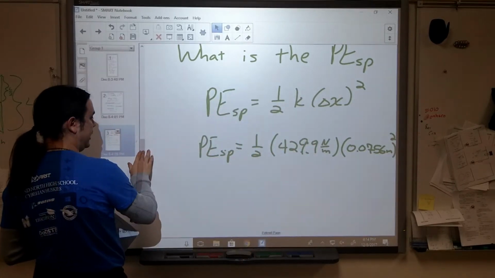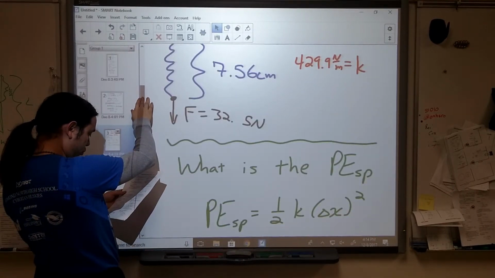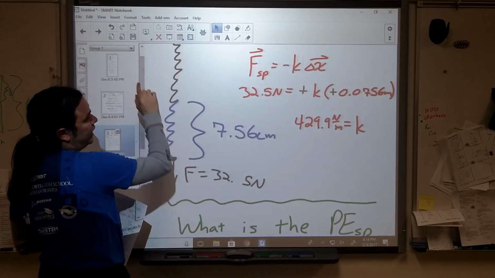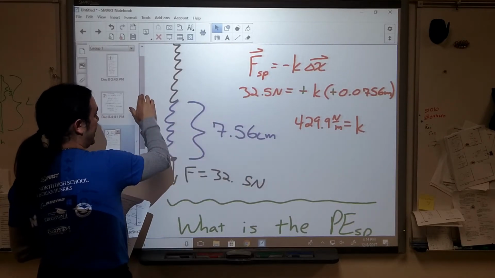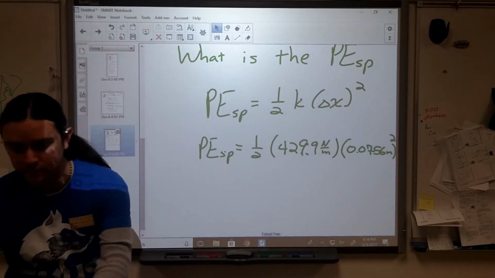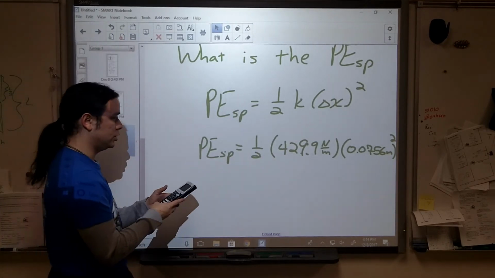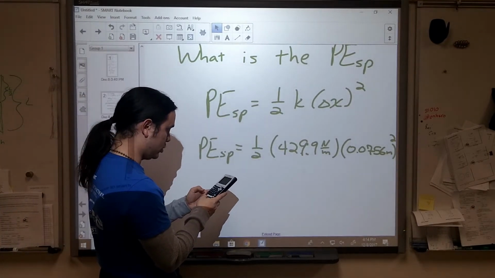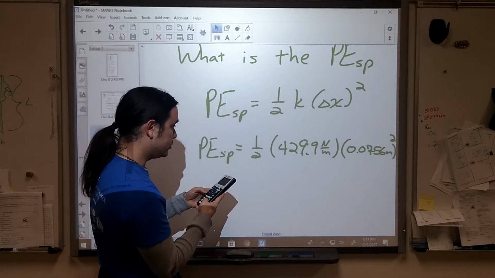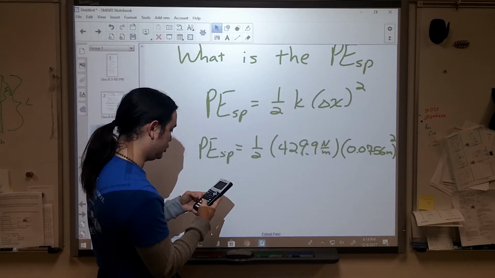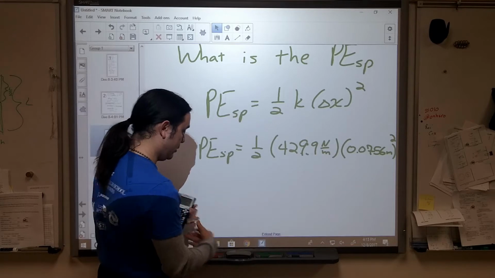Now, once again, if we want an answer in joules, which I'm pretty certain we do, we need to put SI in so we can get SI out. All right? This is how we find the potential energy stored in the spring, which is actually what we're looking for in this question. So I'm going to take my stretching and I'm going to square it.